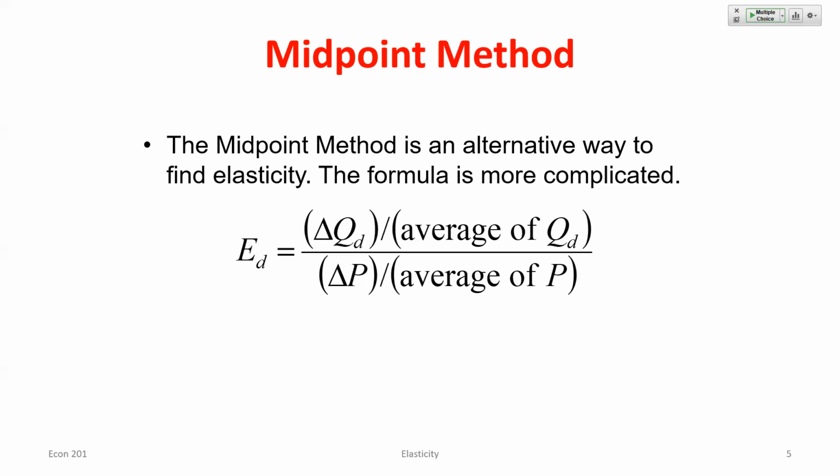The change in price, if we were going from 100 to 80, would be 100 minus 80. And we divide that by the average price. So how do we find the average price? Well, we just add the two values up and divide by 2. So here I get 20 over 90.